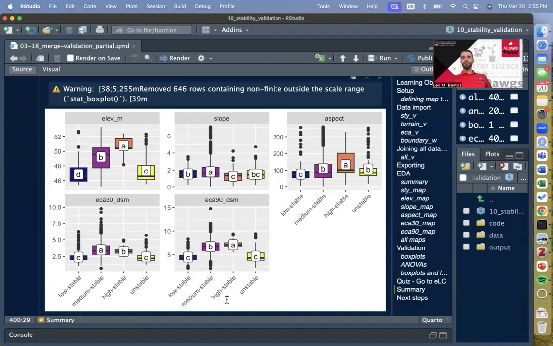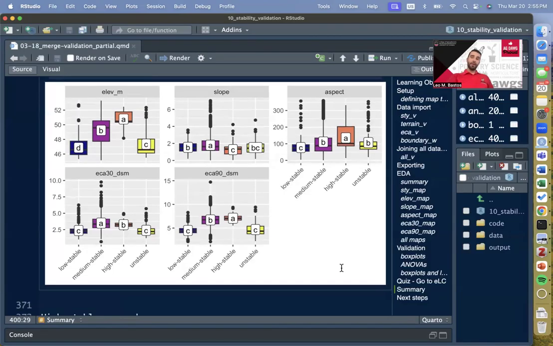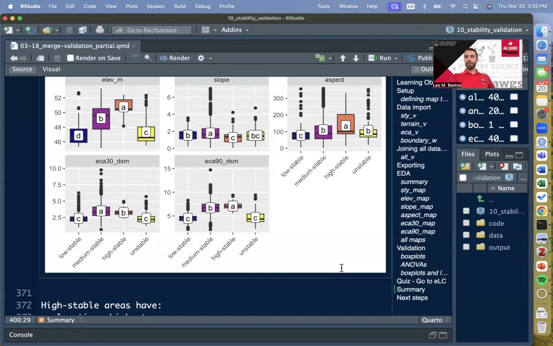And again, I just want to reinforce the idea that for this field, we only have terrain and soil EC. Perhaps there are other layers that could be even more important here.